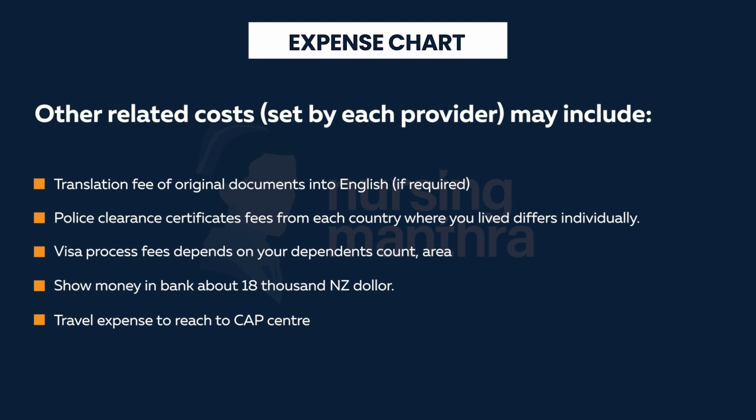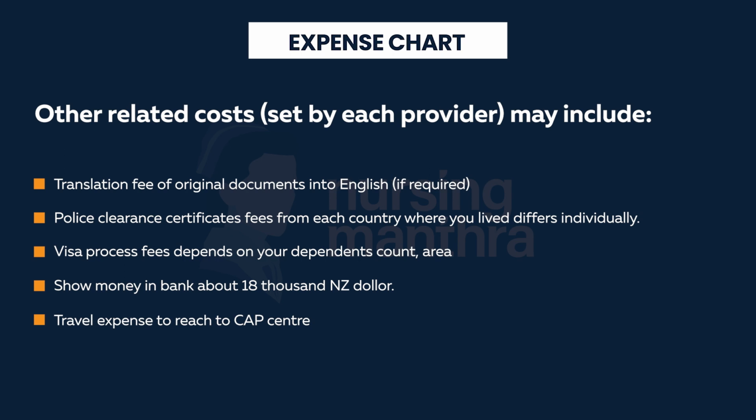Translation fees apply if your documents are not in English, for translation of original documents. Police clearance certificate fees differ from each country where you lived. Visa process fees depend on your dependents count and the area you selected. Hotel booking, accommodation and other fees will change.